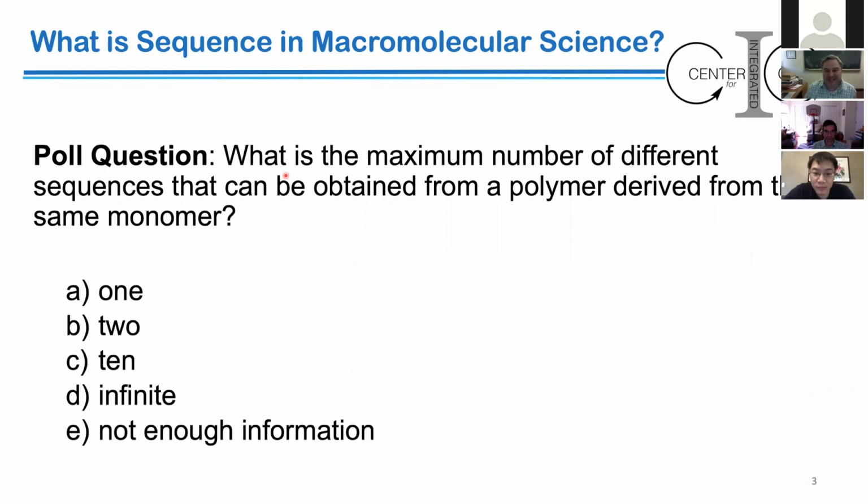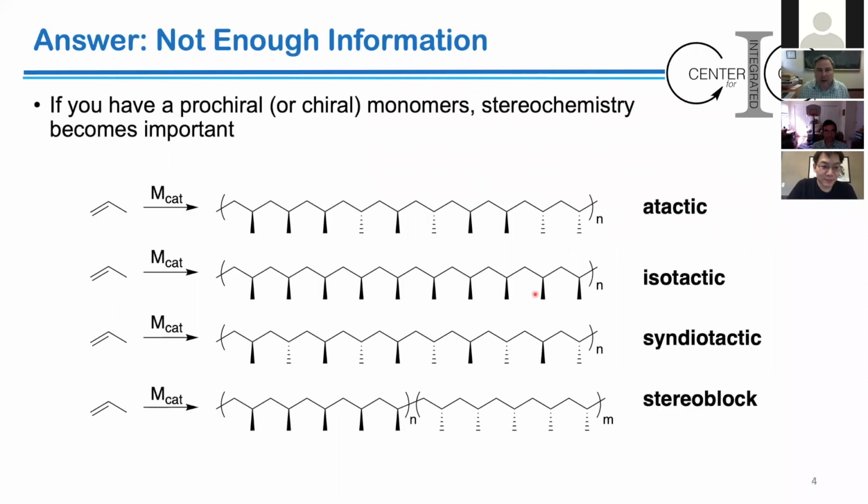All right. So about a third of people say only one, a third of people say an infinite number of possibilities, and a third of people say not enough information. And so the right answer is not enough information, because it depends on the identity of that monomer.